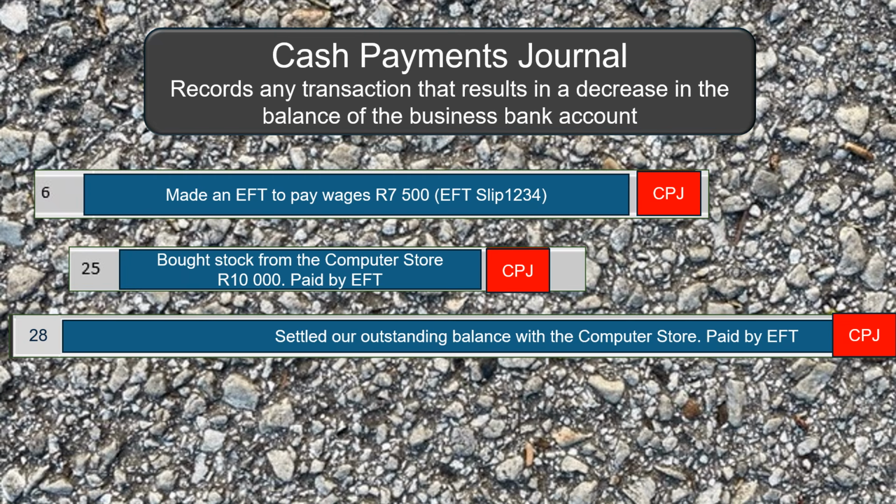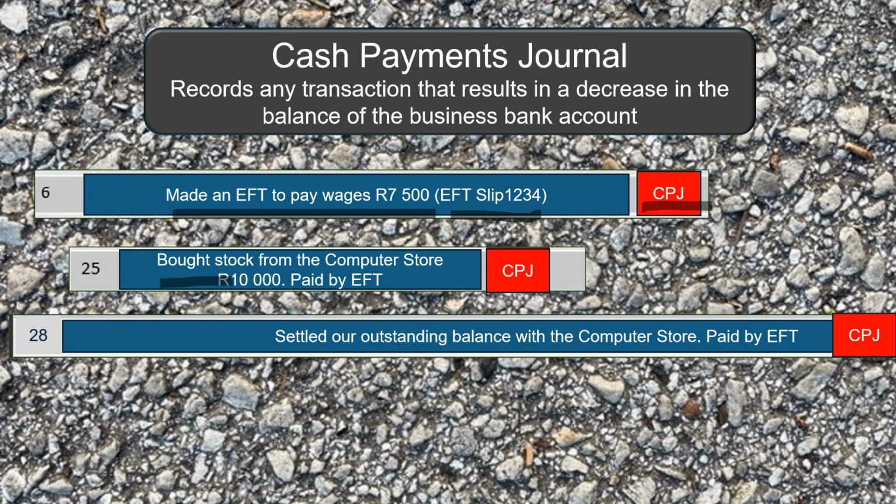So we've already mentioned any transaction that results in the bank balance going down will get recorded in the cash payments journal. For example, we made an EFT to pay wages, 7,500. There's the EFT confirmation slip 1234. Bank balance goes down, goes into the cash payments journal.